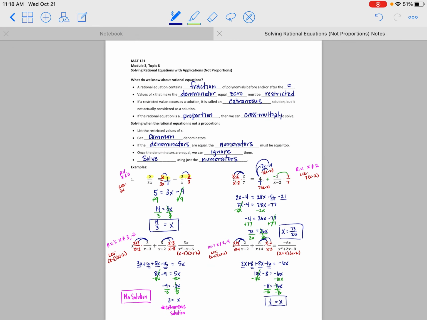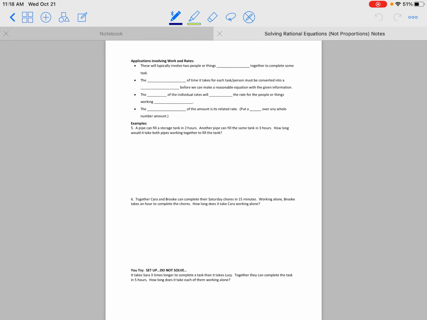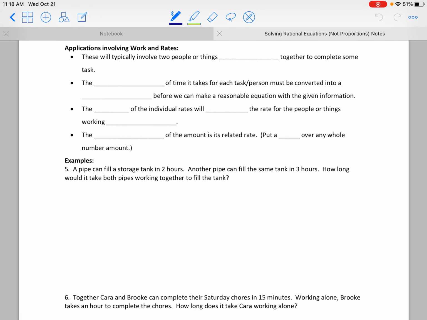I want to show you some applications. These are just ways to apply our process of solving rational equations into some new situations. So we're going to look first at what we call work rate problems. So these are rates at which 2 people or 2 things or like 2 pieces of machinery are working to complete some kind of a task.